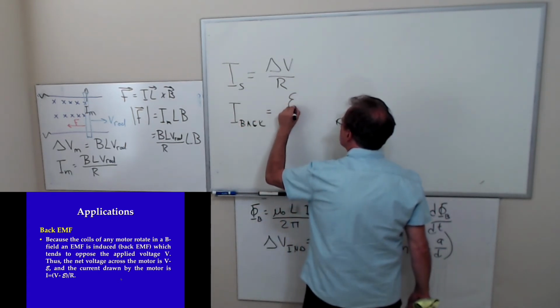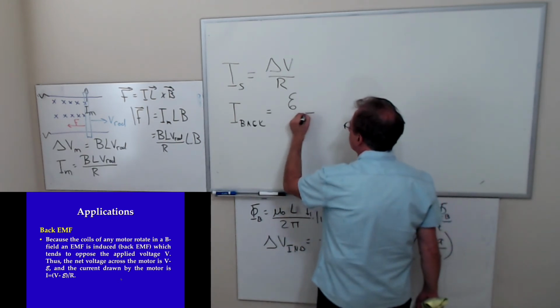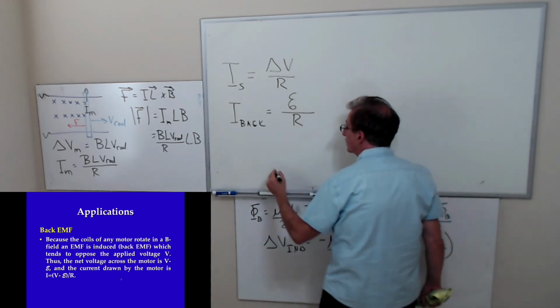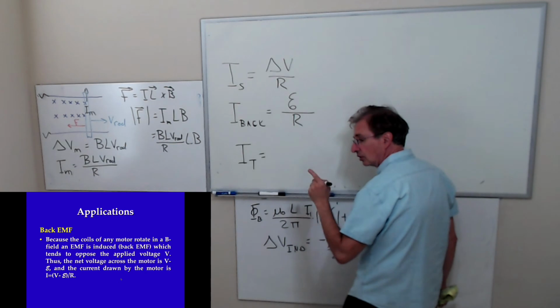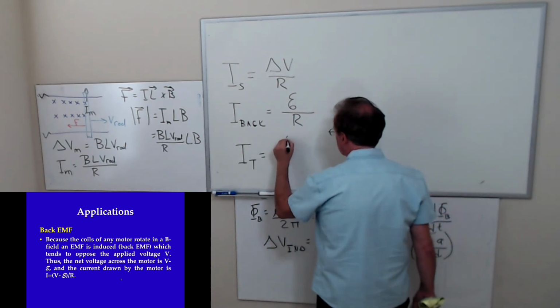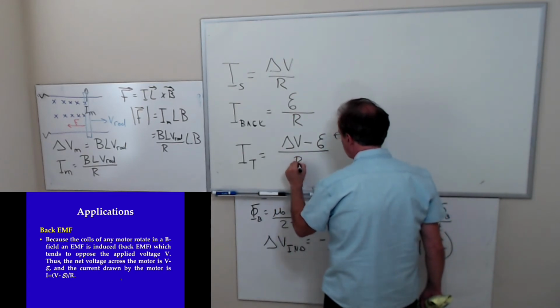And they use the script E, which is traditionally what's used. This is the back EMF divided by R. So the total current drawn by the motor is delta V of your supply minus the back EMF, over R.